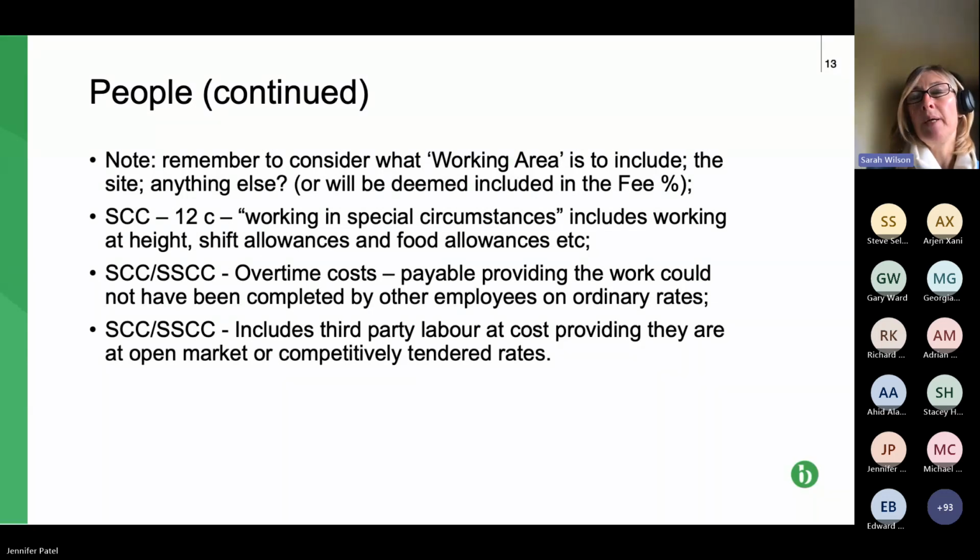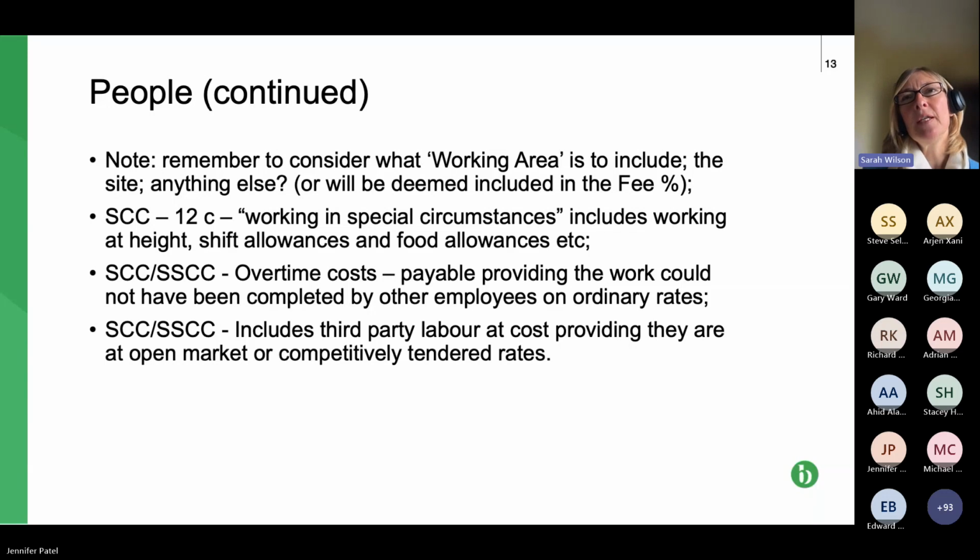They may have a different package. One might have health insurance, one might not. So all these things need to be priced on an individual basis. We're not talking about what's the rate for a quantity surveyor? We're talking about what does this particular quantity surveyor cost the business? And if you've got 2 quantity surveyors, you'll be looking at the cost of the other one to the business as well.